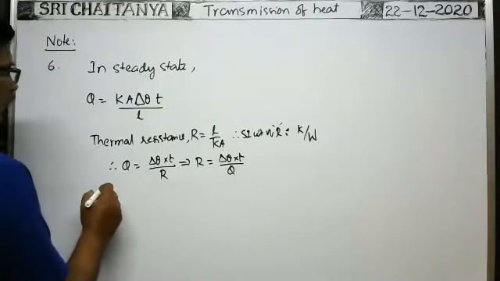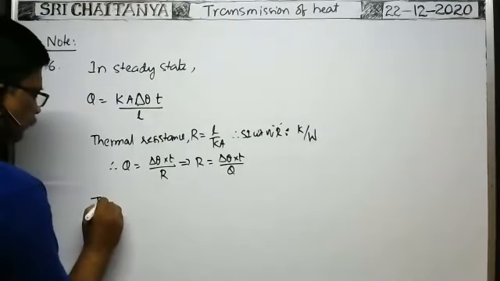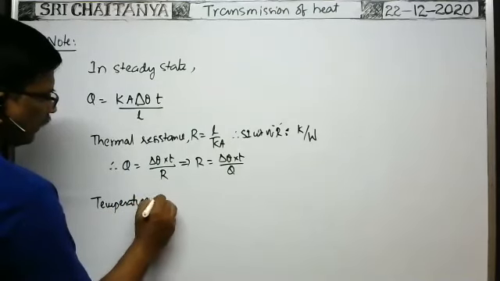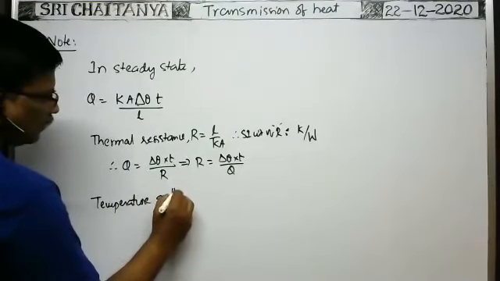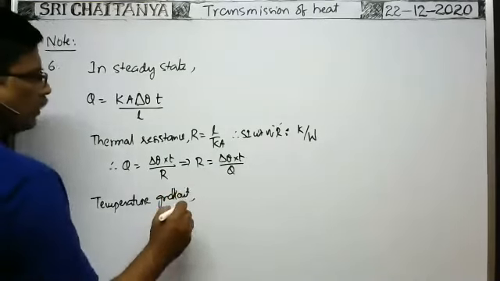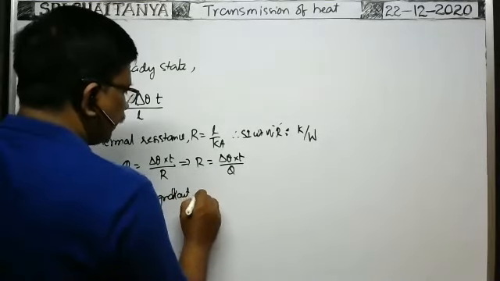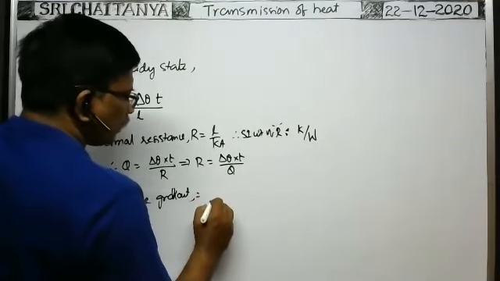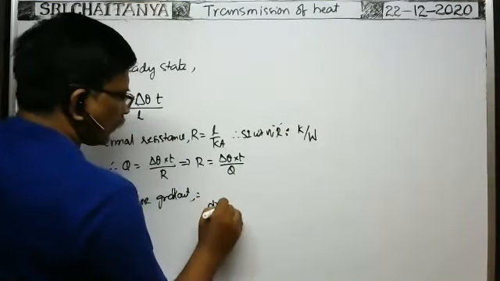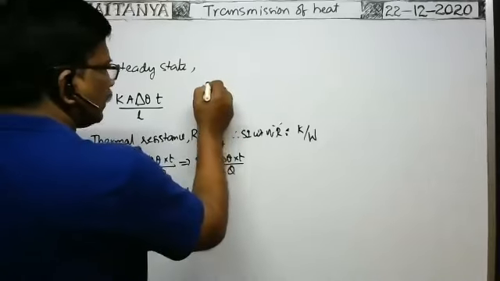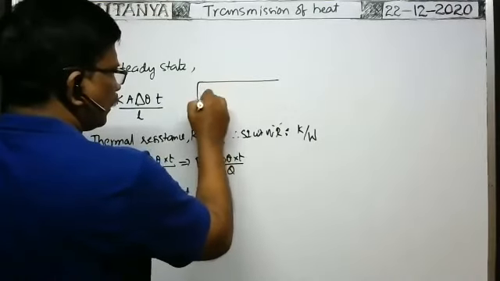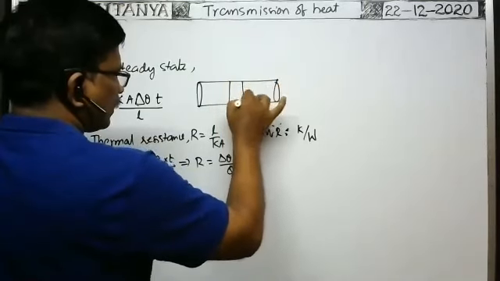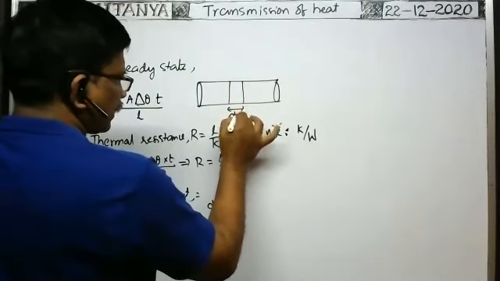Next, what is the temperature gradient? Suppose it is a conducting rod, and two cross sections are separated by a distance dx.